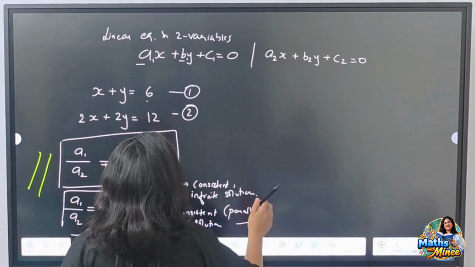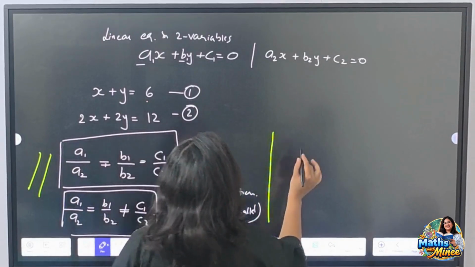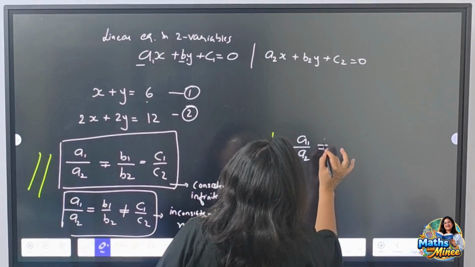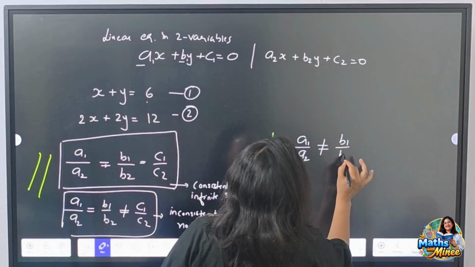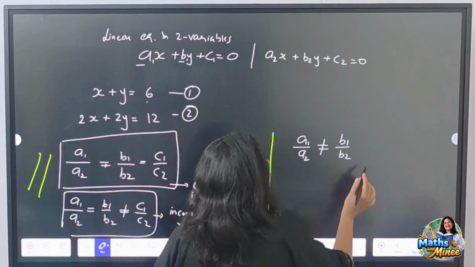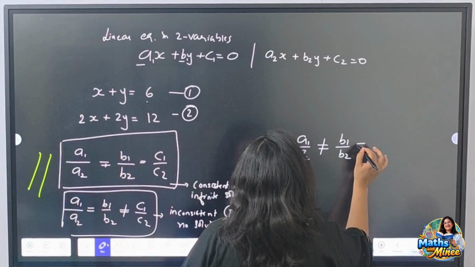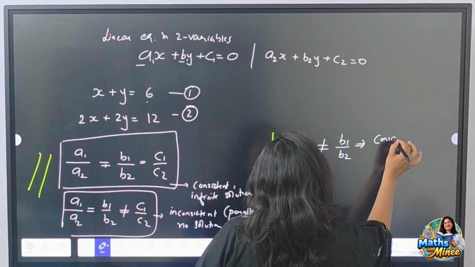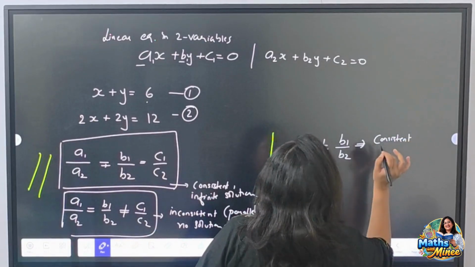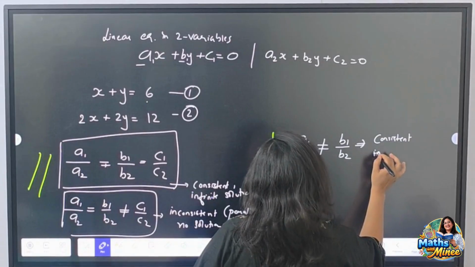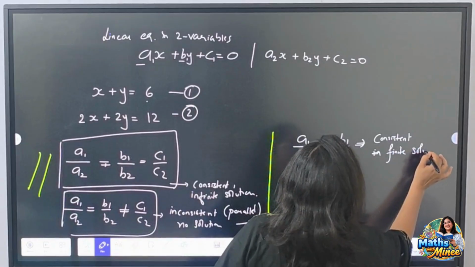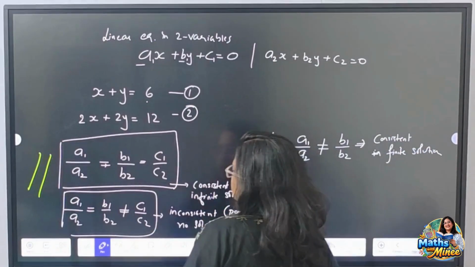Now with the third condition, if a1 by a2 is not equal to b1 by b2, right? In such case, the lines you can say they are consistent, but you will have finite solution.